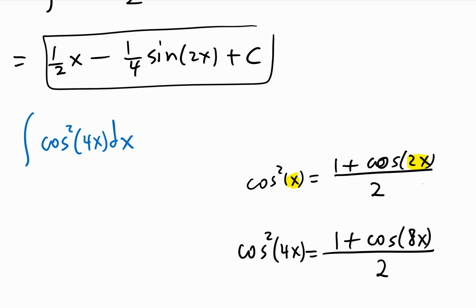Now I can substitute that. So we're going to rewrite this as the integral of 1 plus cosine 8x divided by 2 dx.